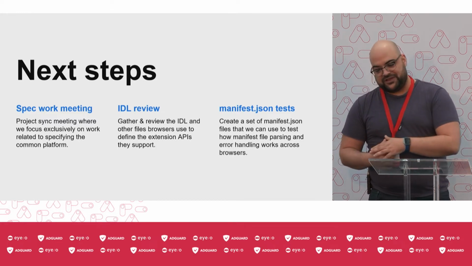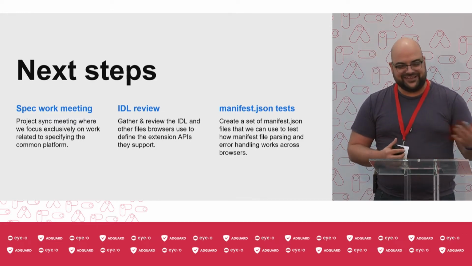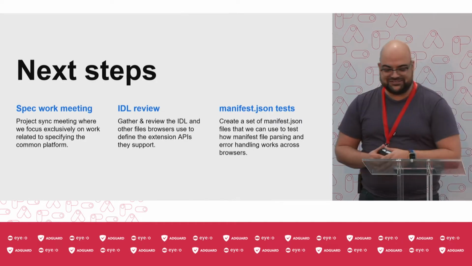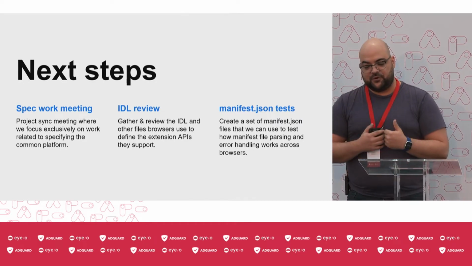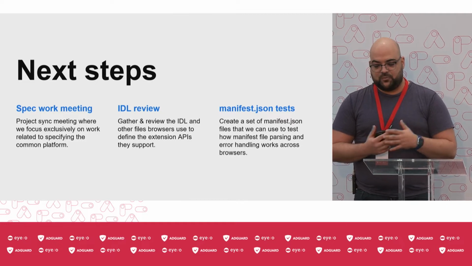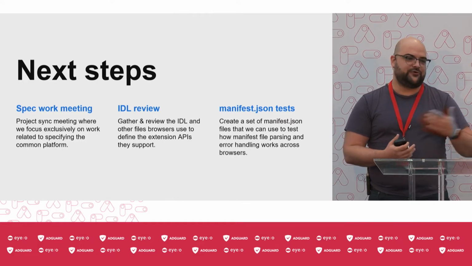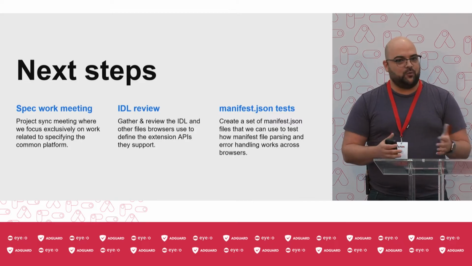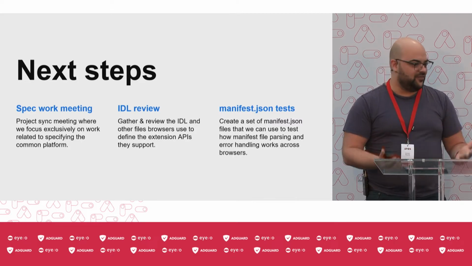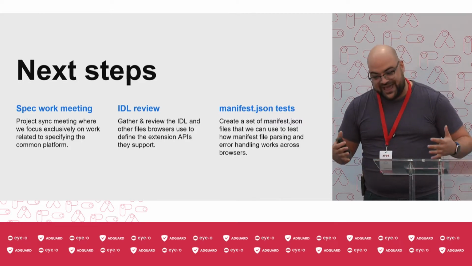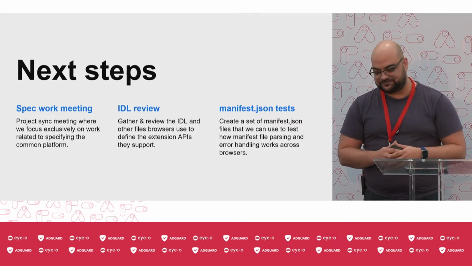That then will lead to some reconciliation discussion and opening additional issues and follow-up. But the important thing here is that we're trying to get more systematized in how we approach figuring out what the common platform is that we all implement and actually specify that behavior.